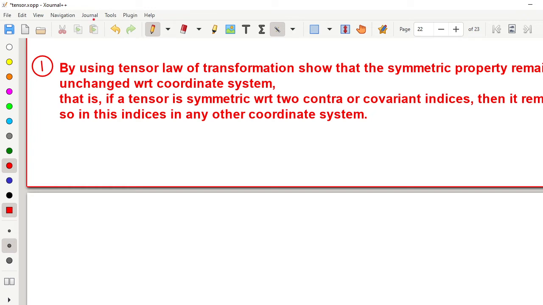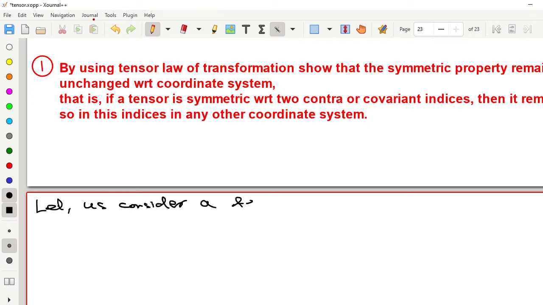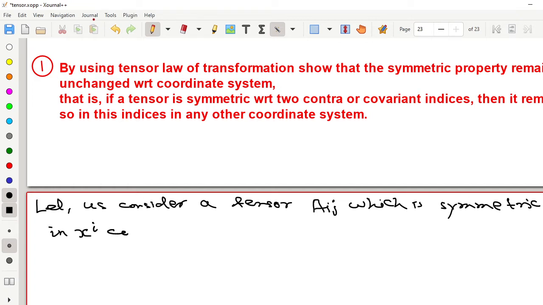Let us consider a tensor a_ij which is symmetric in x^i coordinate system.